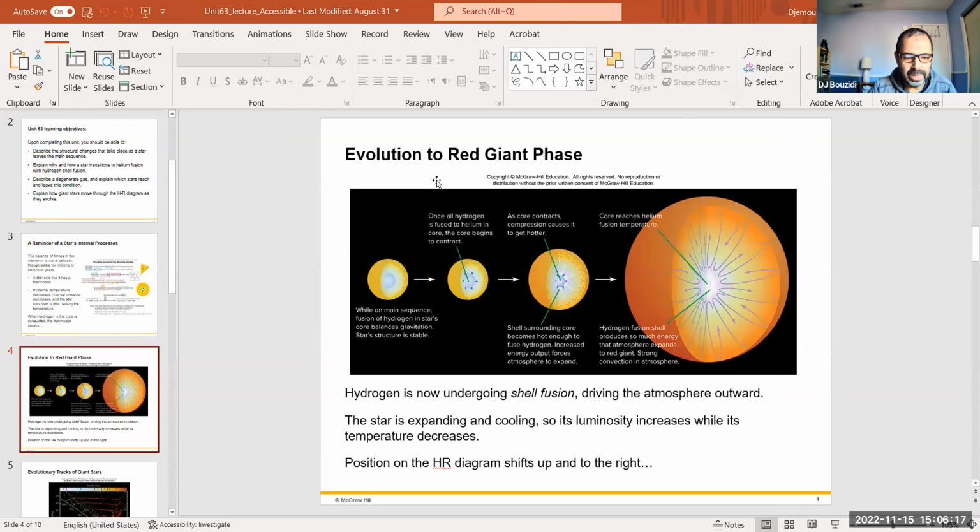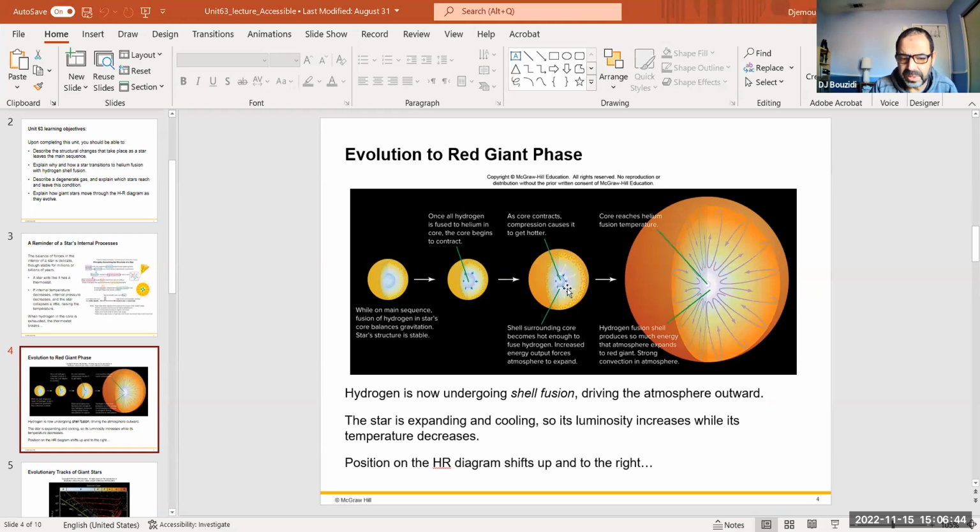So again, in order to go through a red giant, at that point, the core shrinks. This is actually a main sequence. At this point, it's just using hydrogen in its core. But when it runs out of that, it's going to shrink, and when it does, it gets hotter.